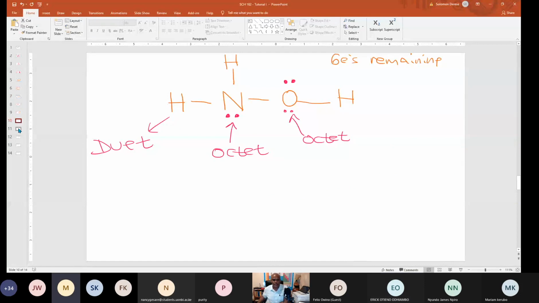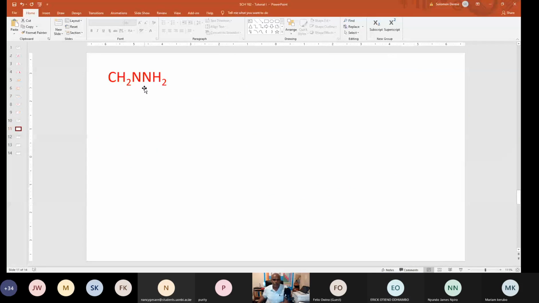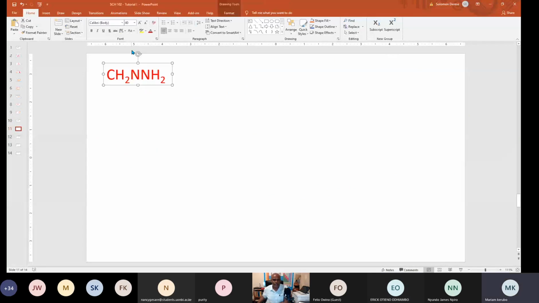So now let us look at the Lewis structure. I have a question: should you place the charge unless you are asked to? As I told you, let me jump this one in order to answer your question.